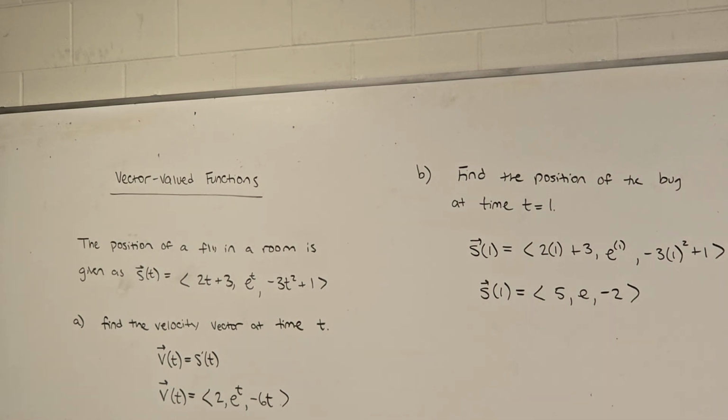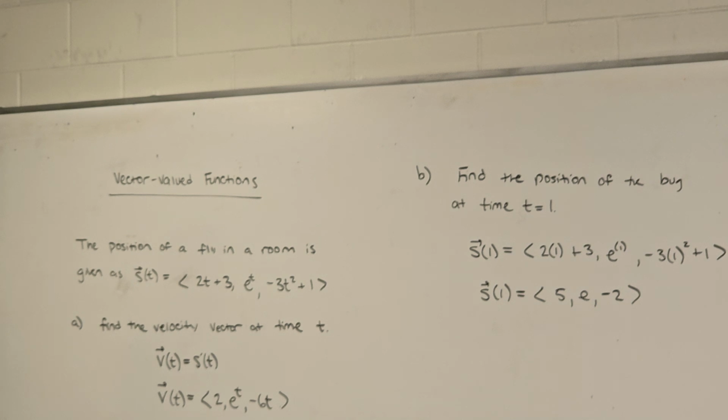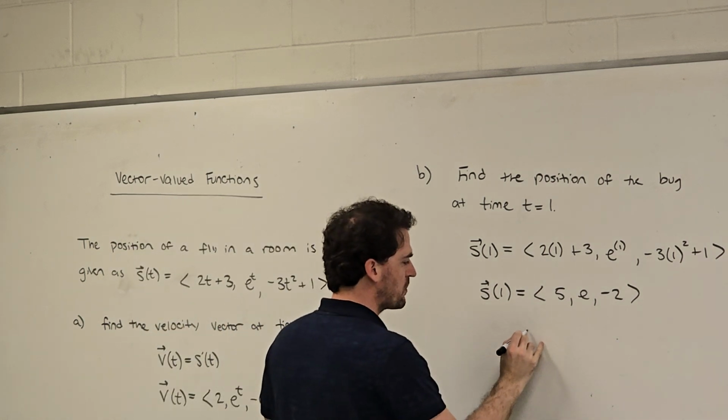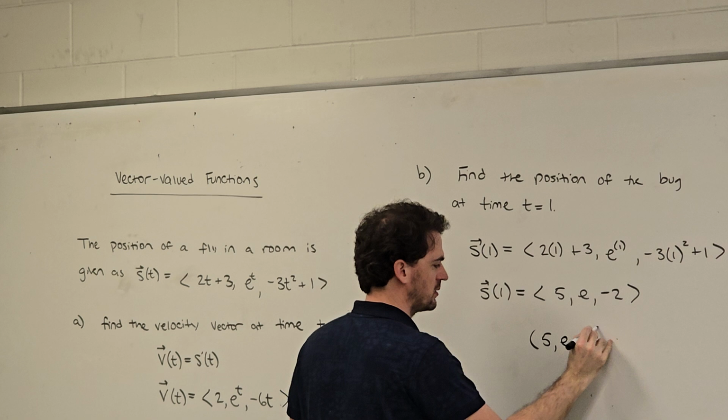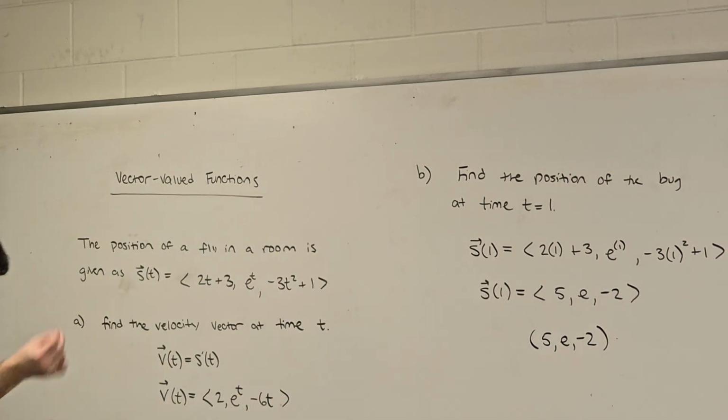So although, yes, this does give you a vector, and you can think of that geometrically as the kind of arrow idea, this is still saying that this bug has a coordinate, has a position of 5, e, negative 2. So 5, 2.7-ish, comma, negative 2.